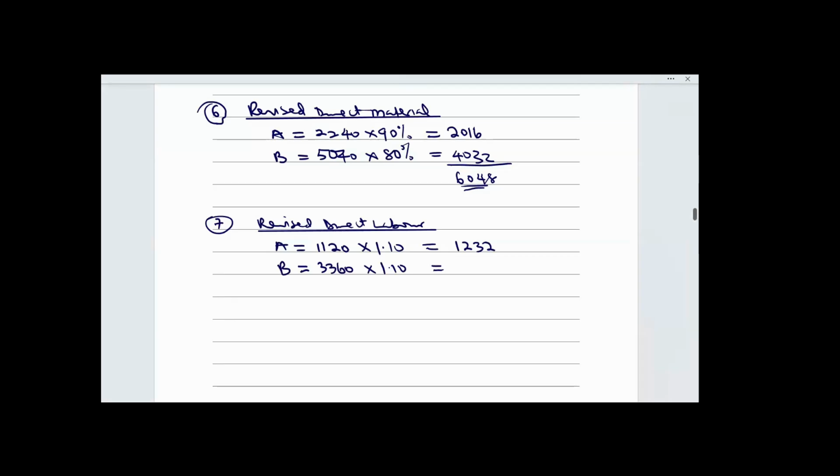So 3360 multiplied by 1.1 is 3696. When you add it up, here will be 4928. That's the total.